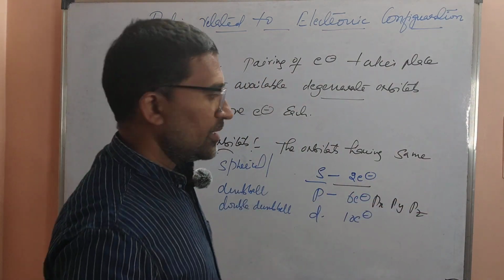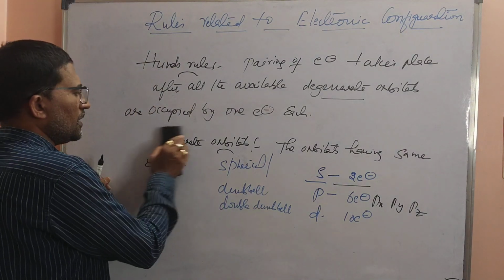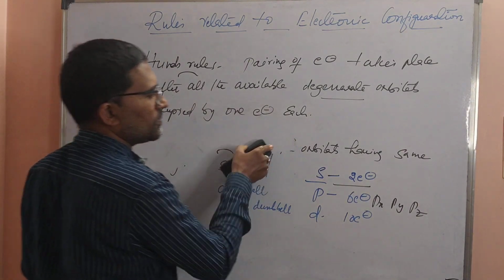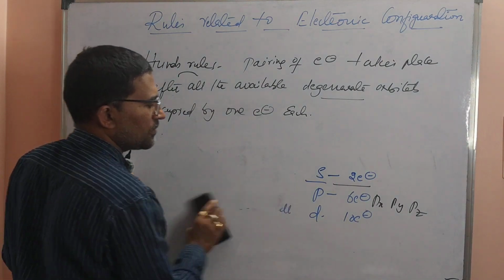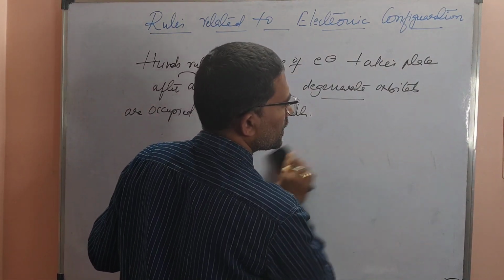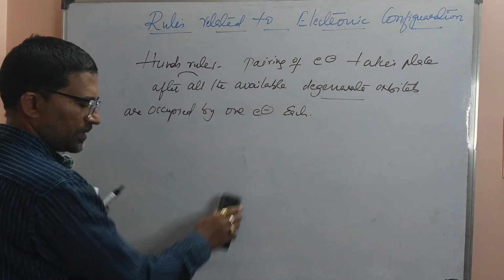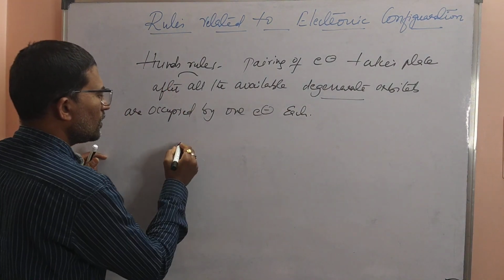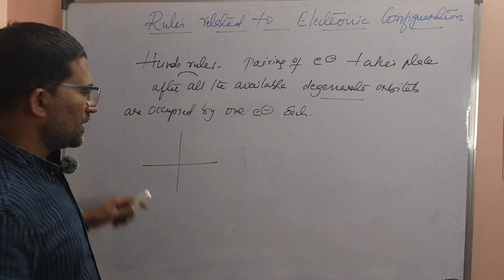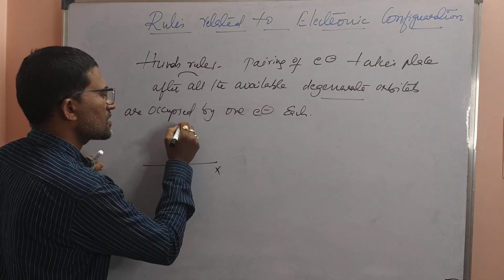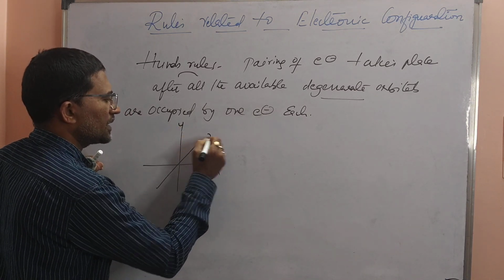All the suborbitals of p have the same energy. For your understanding, I will draw the diagram of the p orbital. In p we have three degenerate orbitals. This is the x-axis, this is the y-axis, and this is the z-axis.